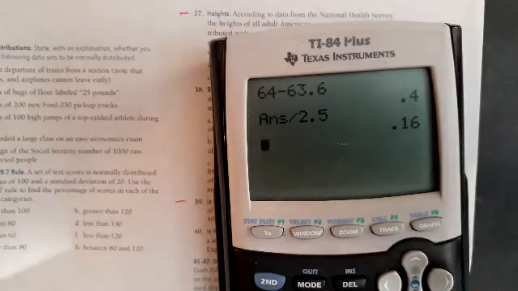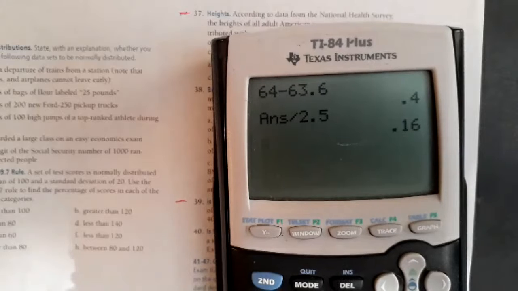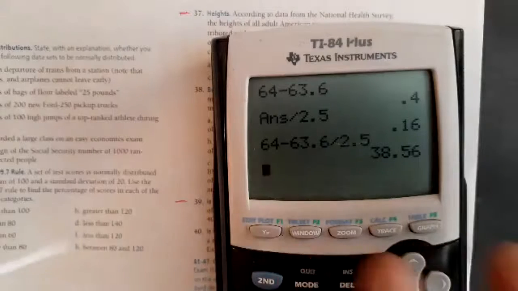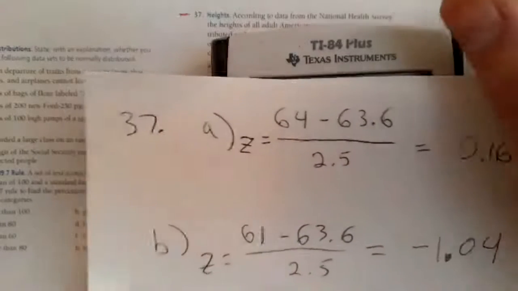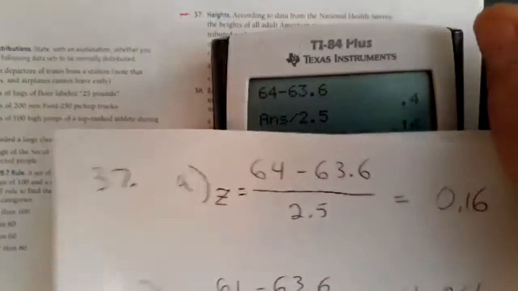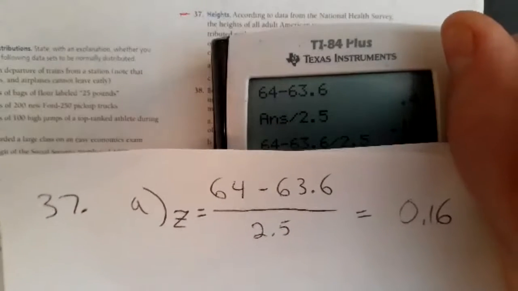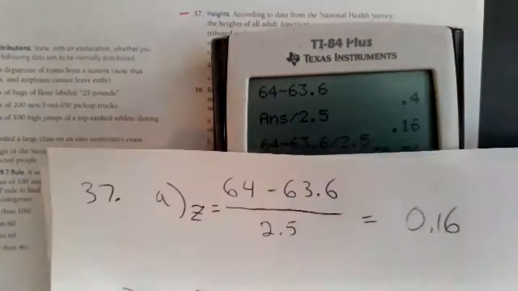I just did 64 minus 63.6 divided by 2.5. I'm glad you did this, because it does not give you the right answer, and I know someone else out there is going to do it. You've got to be careful with the order of operations, right? When I see an equation like that, you've got to look at the top.